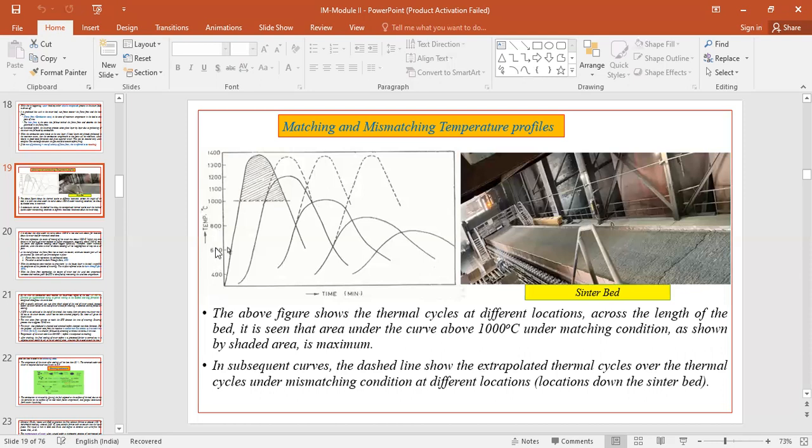This is the y-axis, where you have the temperature, and on the x-axis you have time. So as the bed is moving, this first layer has attained the maximum temperature, around 1350 or something like that. This is only possible when the heat front and the flame front are matching.